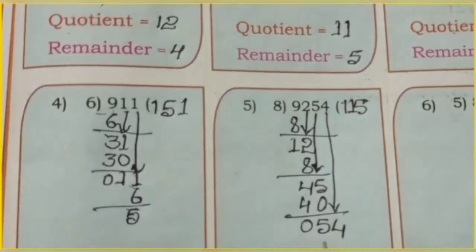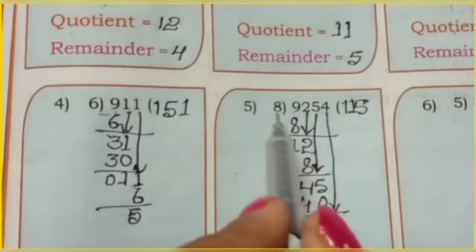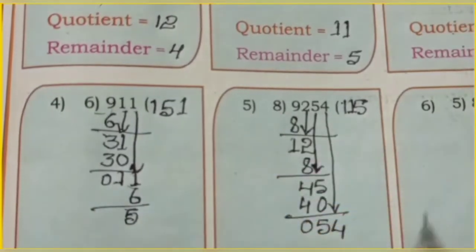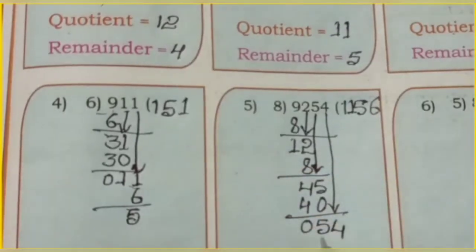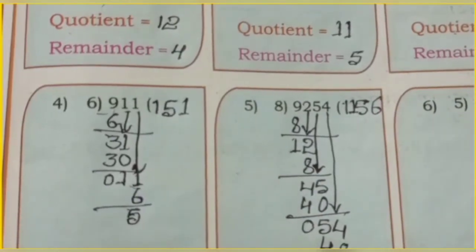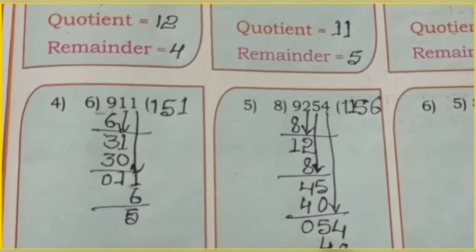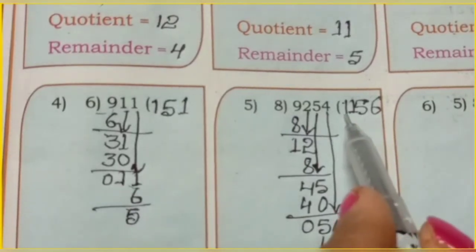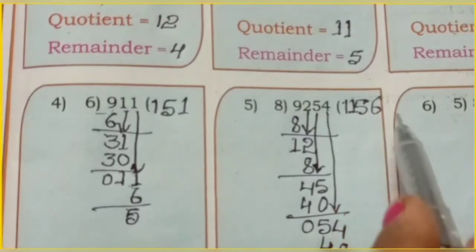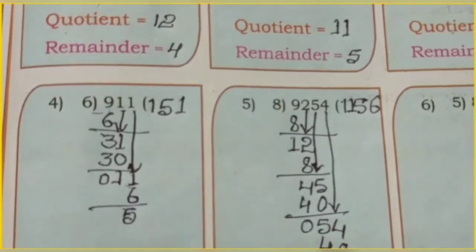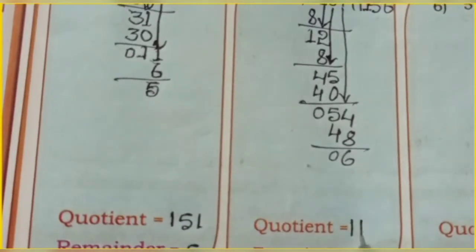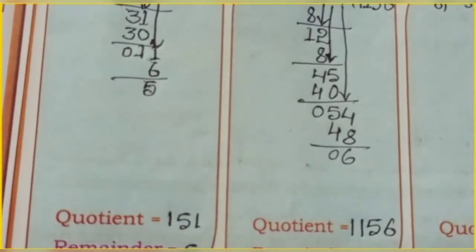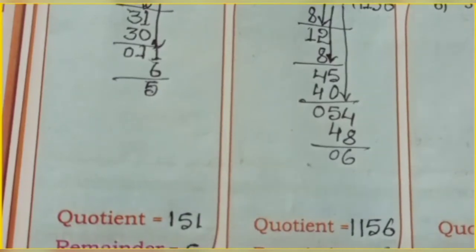Now we divide 54 by 8. So 8 sixes are 48. 54 minus 48 is 6. So the quotient is 1156 and the remainder is 6.